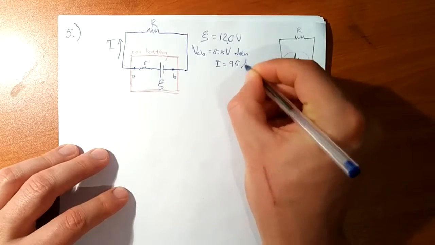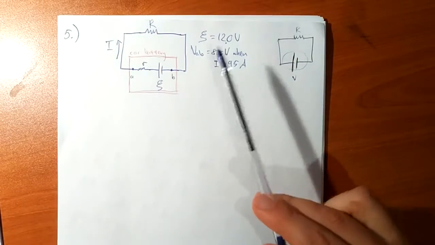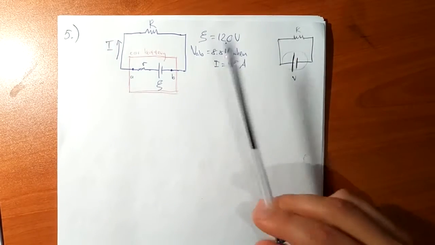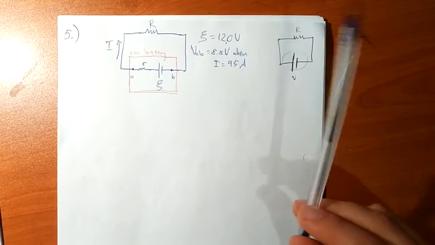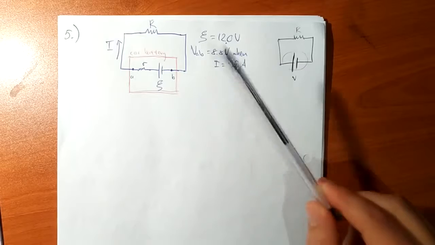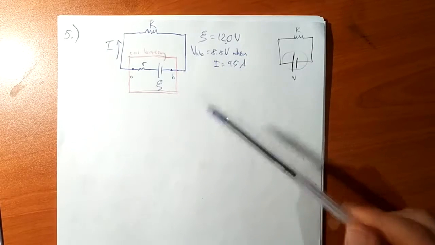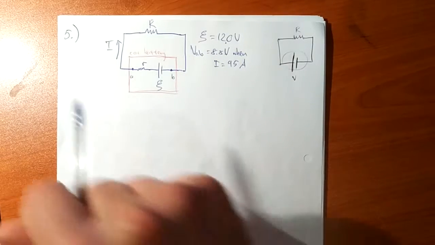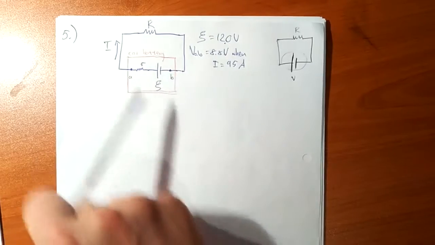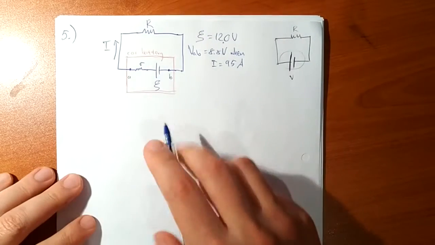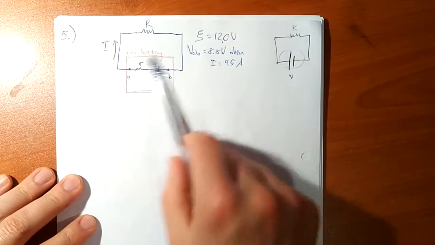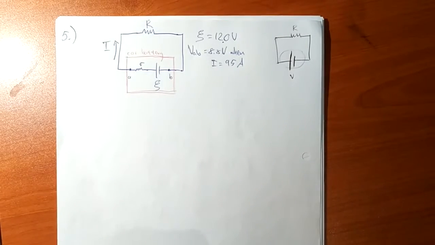So with no current, you can measure 12 volts over the battery. But as soon as a 95 ampere current flows, the voltage drops down to 8.8 because of the internal resistance of the battery. And this is how we model it if we want to take into account the internal resistance of the battery.